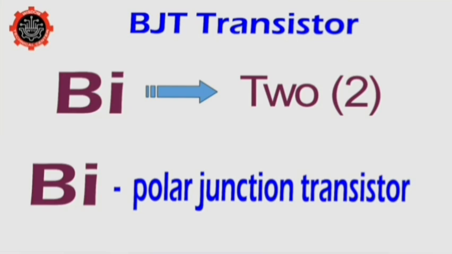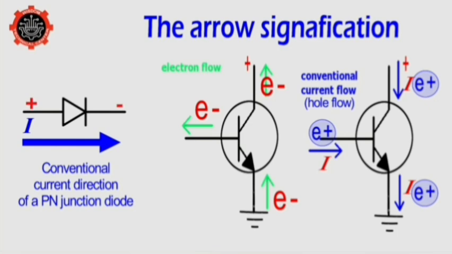Now, one thing you have to remember about the arrow when it comes to solid-state devices is the arrow always points in the direction of hole flow, or in the direction of the conventional current.